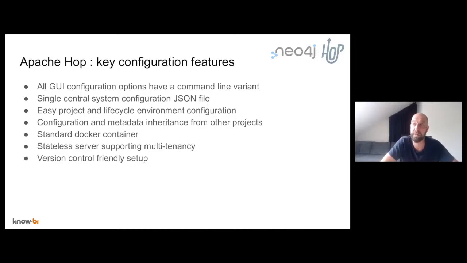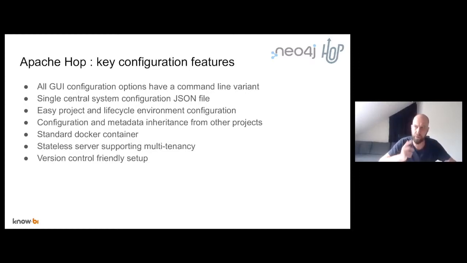All GUI options have a command line variant, so everything is configurable from the GUI. There are no hidden configuration files, and all the actions that you can do to run, configure, etc. your system can be done from the command line as well.